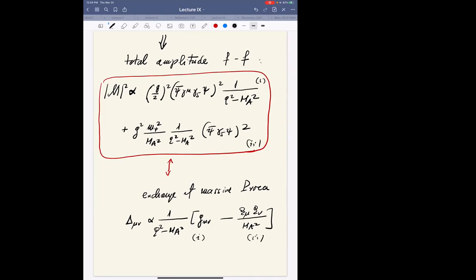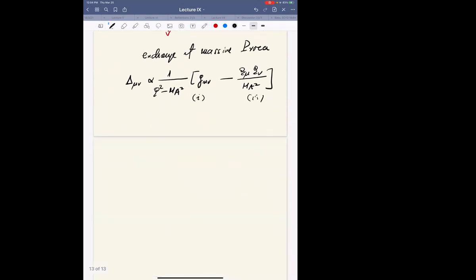The second one also looks like the exchange of the gauge boson, but because of the Dirac equation becomes basically a scalar, a pseudoscalar interaction. Now, so what is the theory? This is a theory of a massive gauge interaction. And of course, in the Higgs formulation, it's associated with the spontaneous symmetry breaking of gauge symmetry.